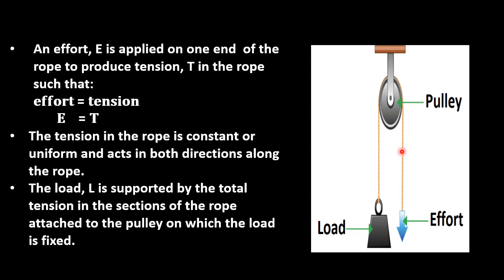That tightness is due to a force called tension. Tension is force in a string when it is pulled. So the magnitude of the tension is constant. The tension here is equal to the tension here, and that tension is the one that supports the load.